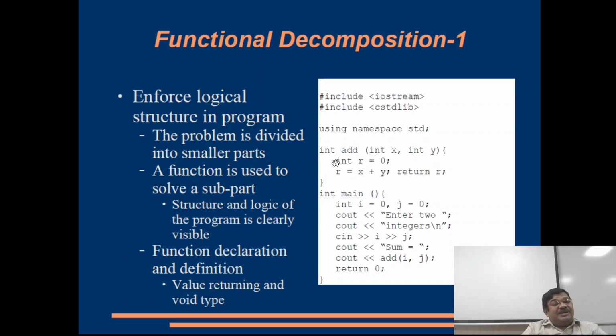But if I declare this as a static type, then during the first call of function add, it will be created, but it does not die subsequently. It retains and it remembers its value during its previous call.